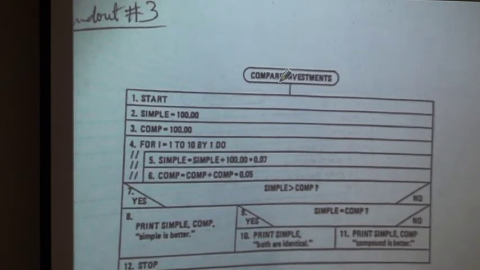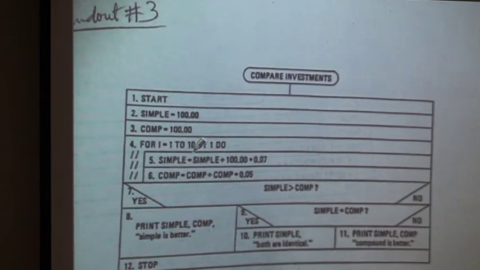If you're supposed to compare investments, that's the heading of the flowchart, and you put $100 in 2 separate accounts. One is a simple interest account, which pays you 7% per year on the original deposit. Whereas the second one is a compound interest account, which pays you 5% on last year's balance. Okay? So that's why we have comp here.